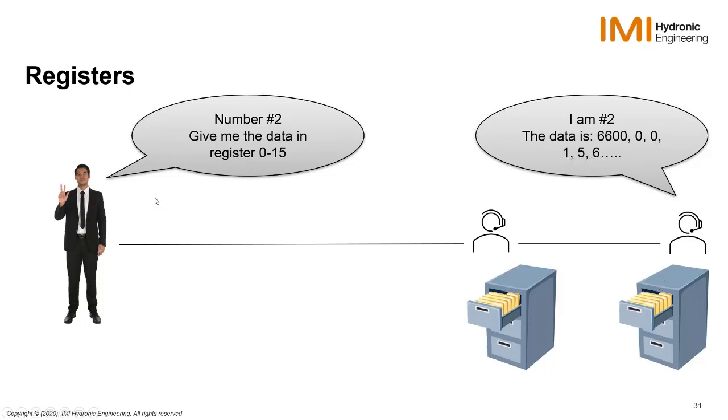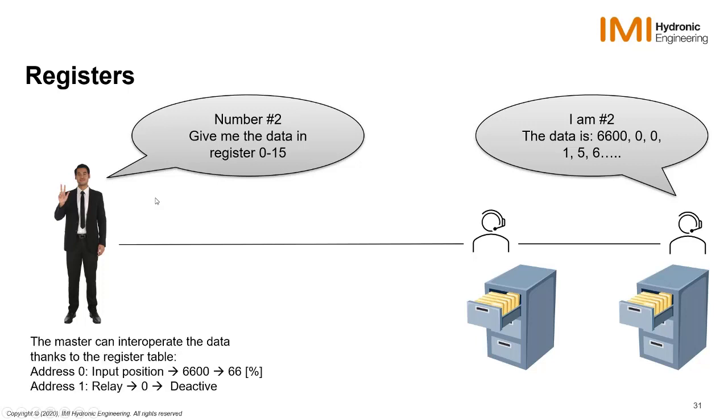So this will be the signal back to the master. And then the master can interpret the data because in address 0, it knows it's the input position. It gets 6,600 back, and then it knows it's 66%. In address 1, it receives 0 back, and then it knows it's the relay, so it's deactive.